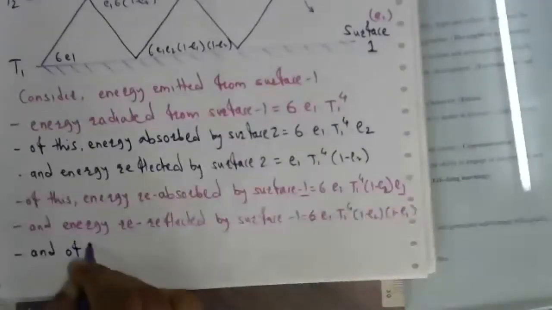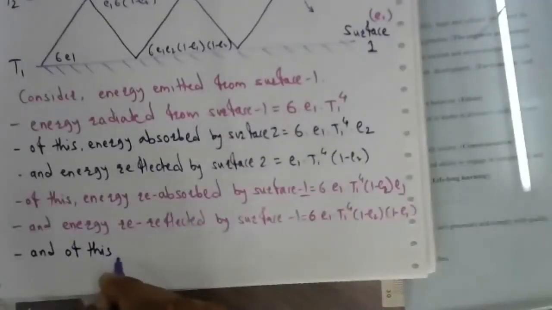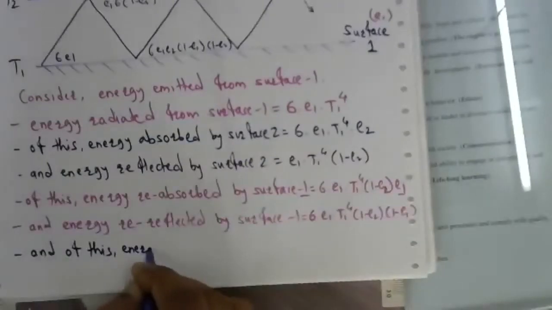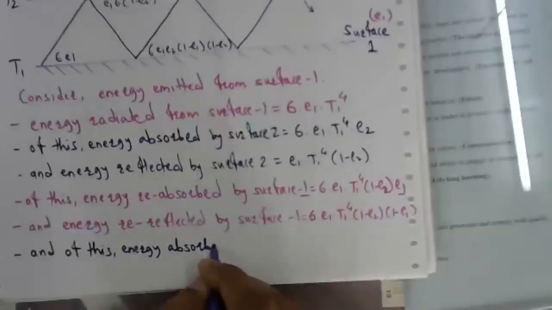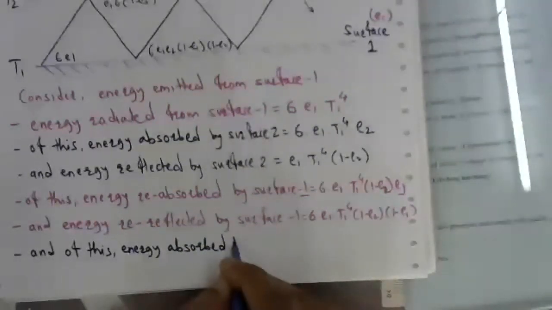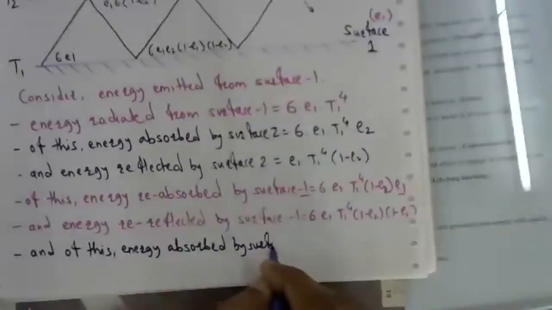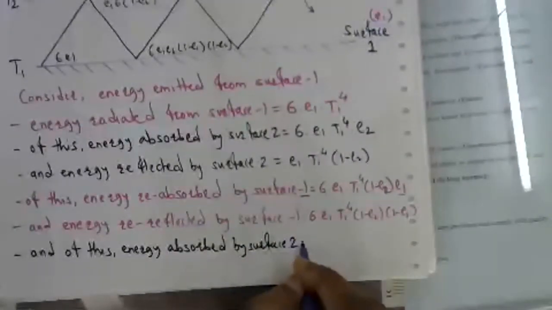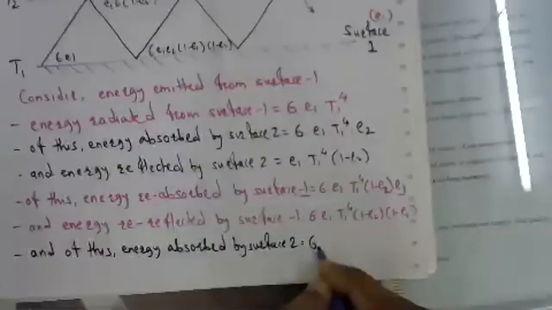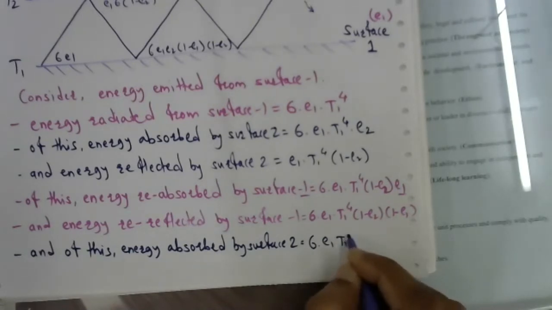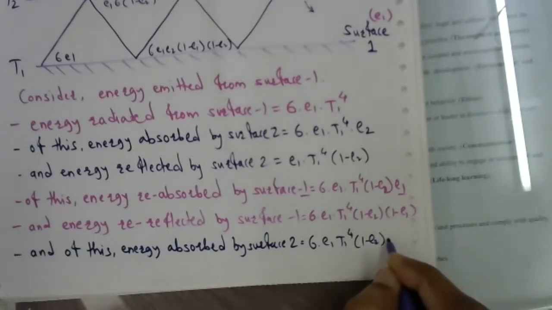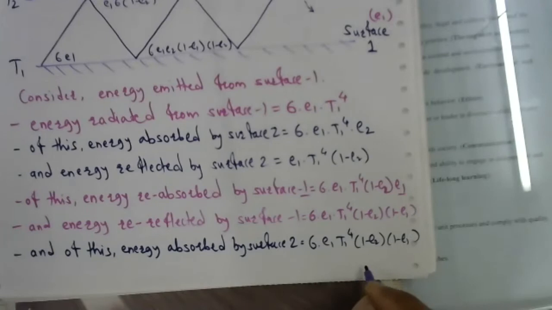And of this energy, the energy absorbed by surface 2 is sigma E1 T1 raised to 4, into (1 minus E2), (1 minus E1), into E2.